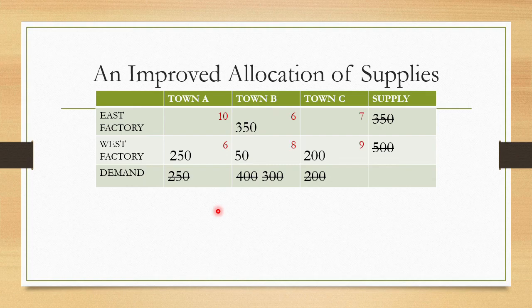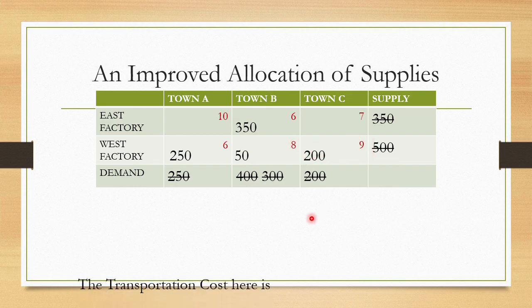Now because we updated our transportation model, we have to compute the transportation cost. So now the transportation cost is 350 times 6 plus 250 times 6 plus 50 times 8 plus 200 times 9.